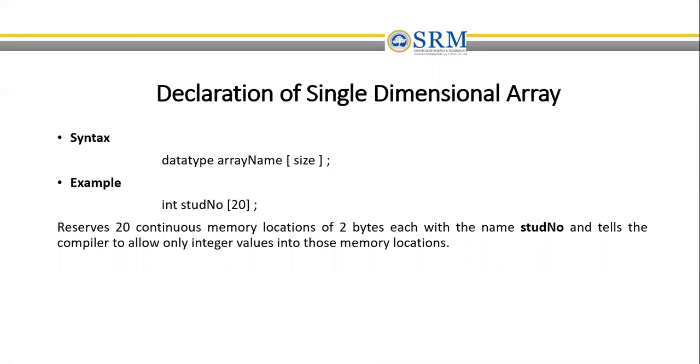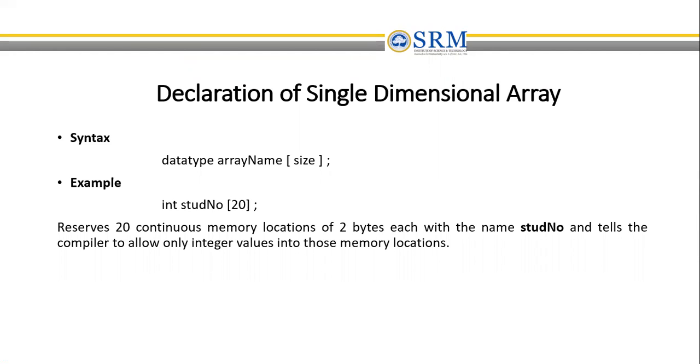Now, how do we declare a single-dimensional array? The syntax is the data type, then the array name and the size. The data type may be an integer, a float, or a character. The array name can be any name you specify based on your program. And the size is how many elements you need to store. In this example, int is the data type, the array name is student number, and the size is 20.